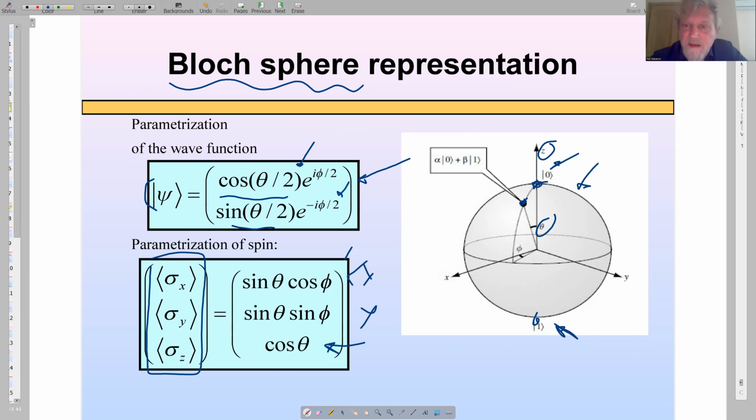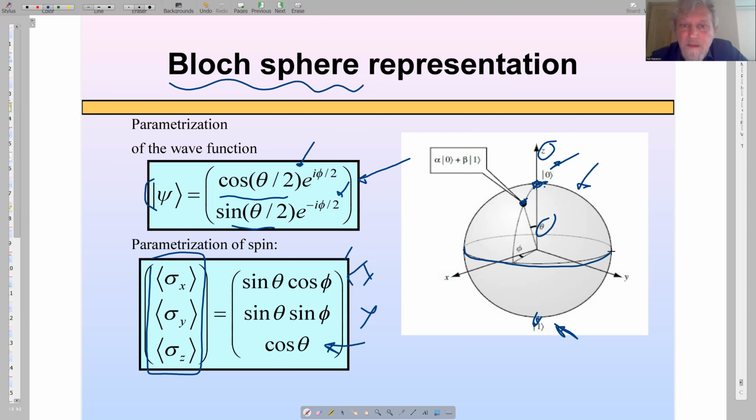The wave function can be here at the south pole, can be at the north pole, can be here in the opposite state to the south pole, but it also can be, for instance, at the equator. What is the equator? It's an equal weight superposition.